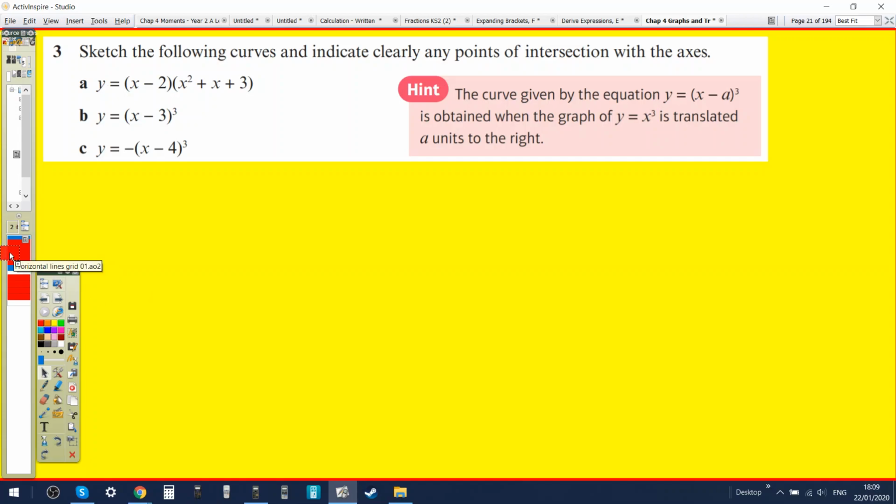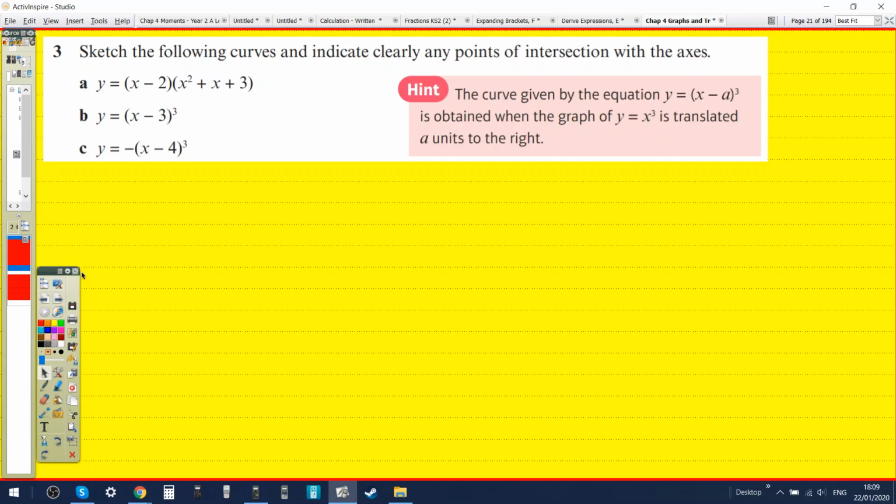How do you do 3a? So it crosses the x-axis at 2, and then the y-intercept is -6, and the solutions of the second one were like imaginary numbers.